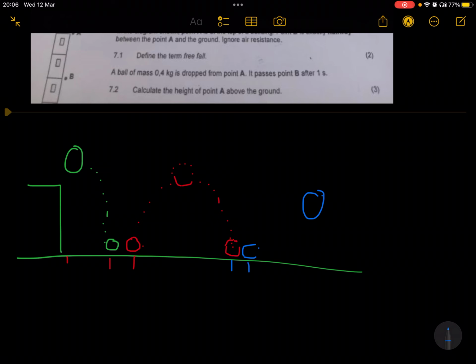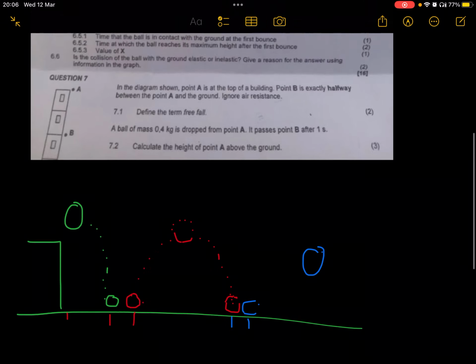But here we're not tasked to draw the position time graph. So let's focus mainly on the question, because I don't have a memorandum of this. I just want to verify that I am saying what should be said.